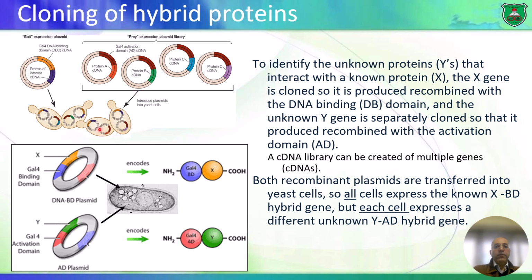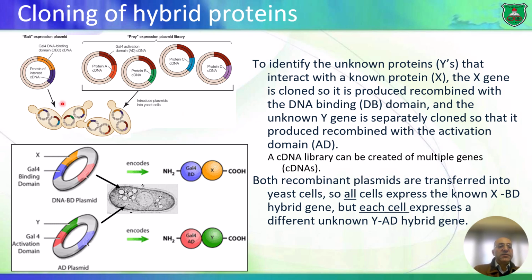Now, we grow them on a plate. If X interacts with A, then this yeast cell would produce the beta-galactosidase that can cleave X-gal into a bluish product, and the colony would look blue.